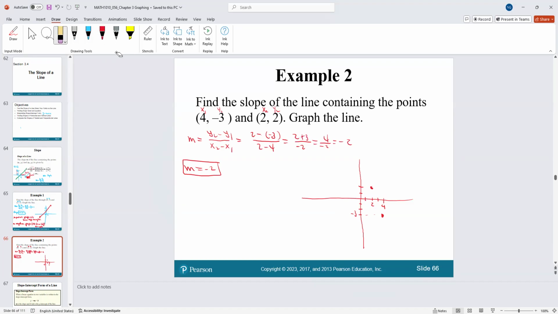That would give us 5 over 2. That would give us -5 over 2, and that would give us -5 over 2 as the slope. That means that you fall 5 coordinates and you run 2 coordinates.